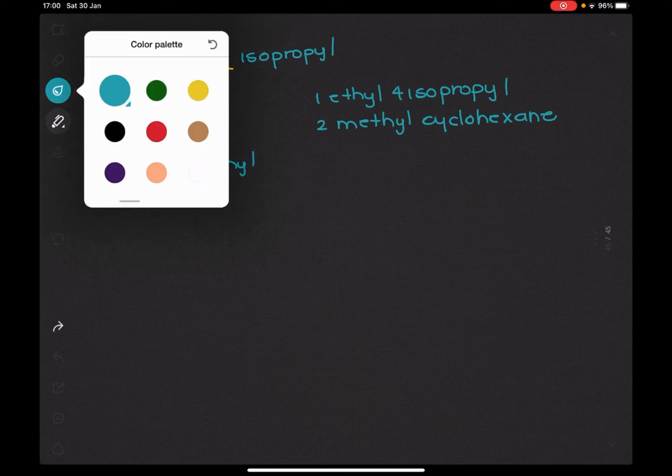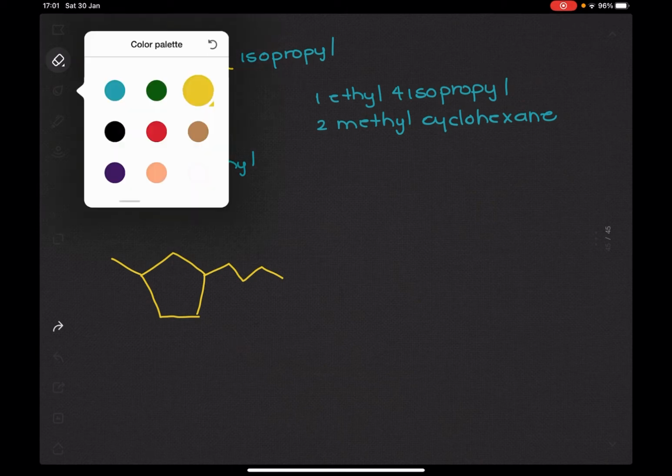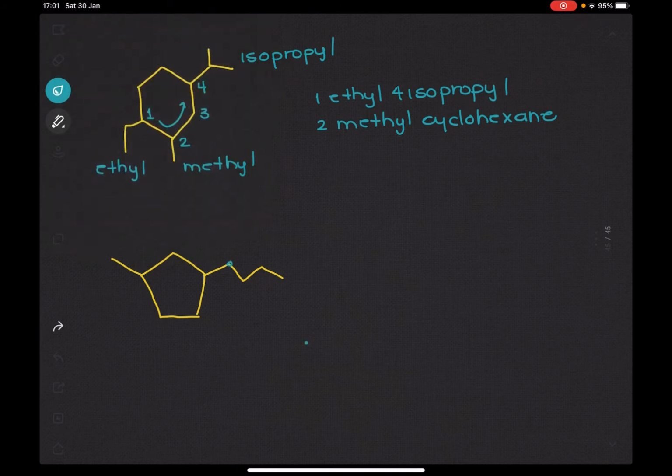Okay, so now for another structure similar to this, we would have a cyclopentane. It has 5 corners. I need to identify my substituents. So I have 1, 2, 3, 4. This is butyl.